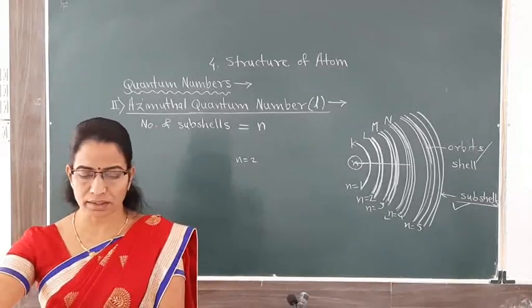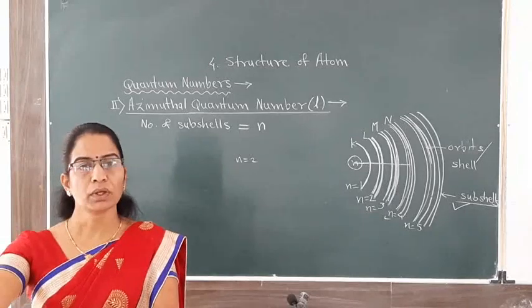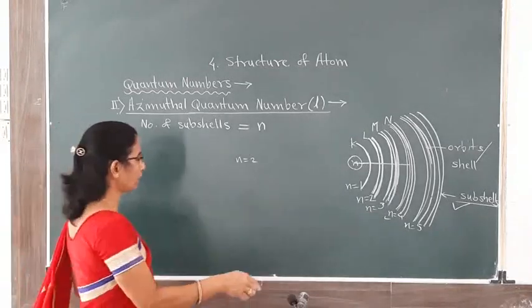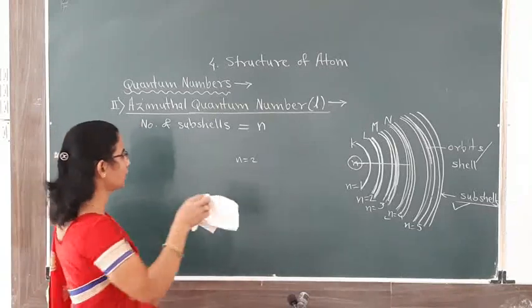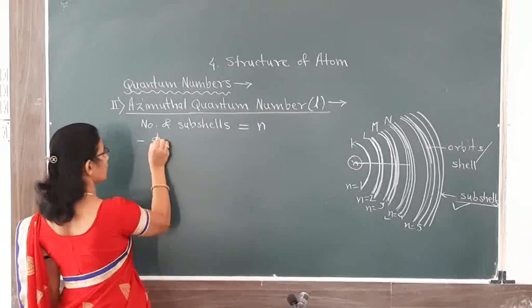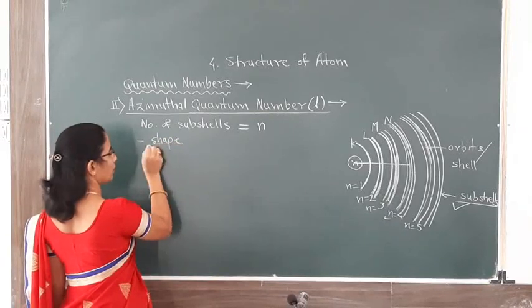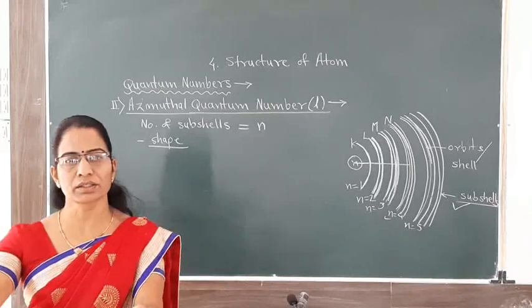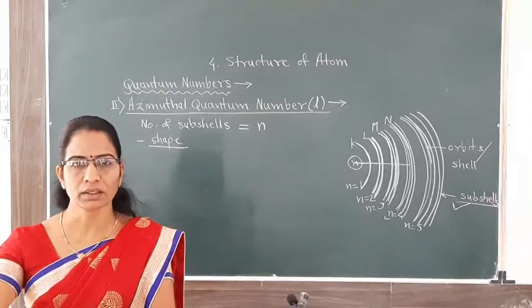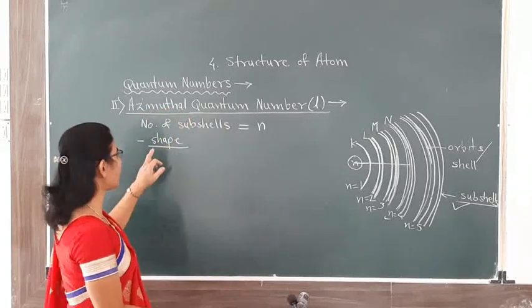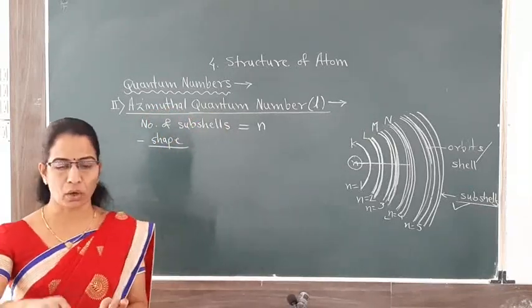Now, these subshells give the shape to the orbital where the electrons are actually present. Means these subshells are giving us the shape of the orbital. The principal quantum number has given us the size of the orbital, but this azimuthal quantum number gives us the idea of the shape of that orbital.